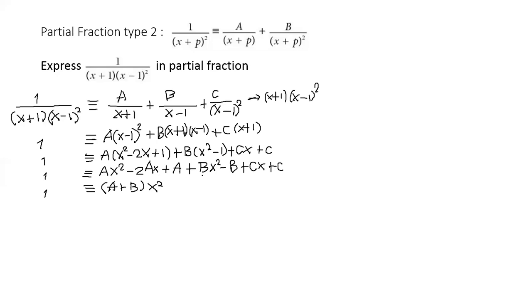Now x for x becomes negative 2a and x to a plus c, x. Next, without x, a, b, c, okay, plus a minus b plus c, okay.